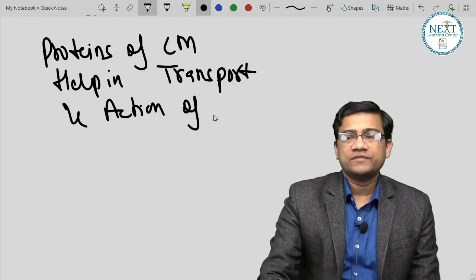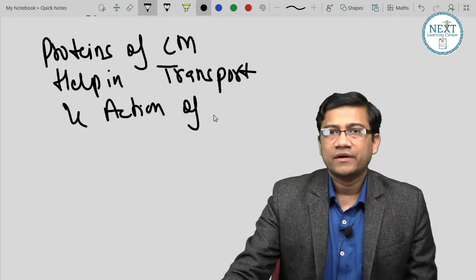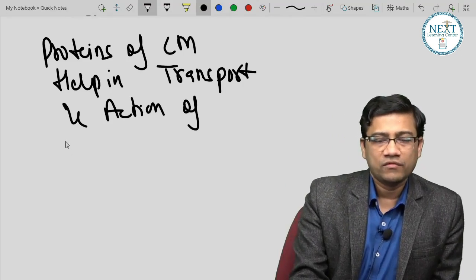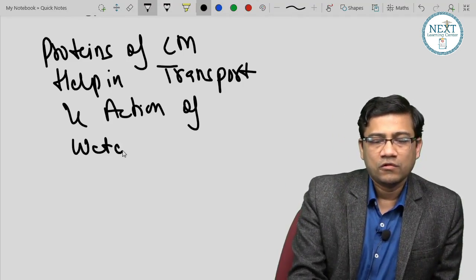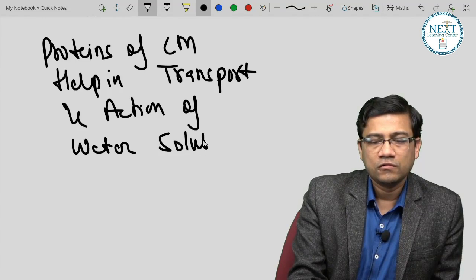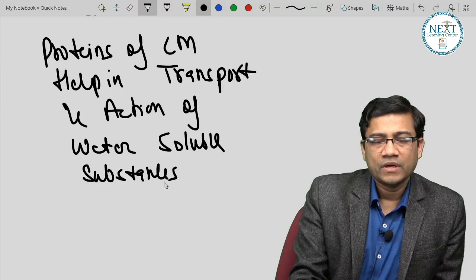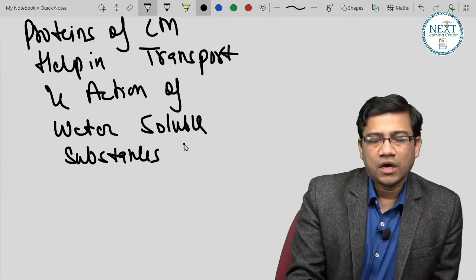So proteins of cell membrane help in transport and action of water soluble substances across the cell membrane.